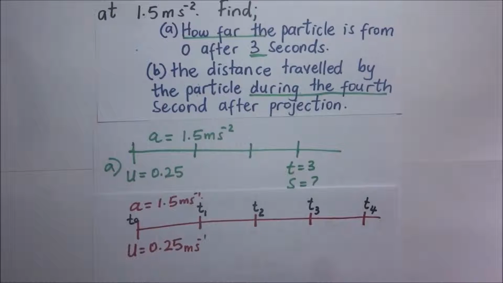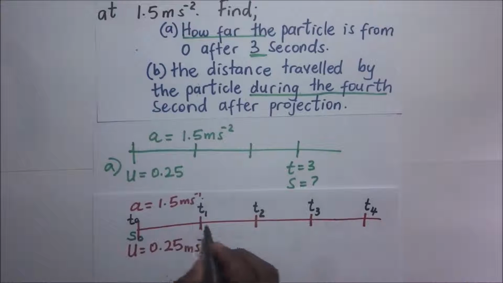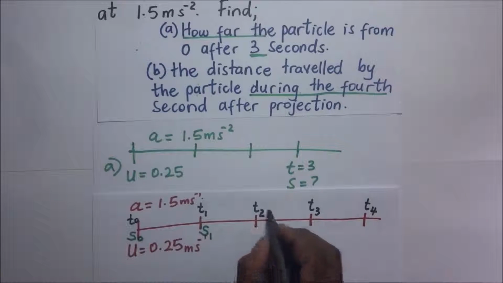And as it's moving, after all these times, 1, 2, 3, 4, the distance covered is also corresponding. So this is the distance covered after 0 seconds at the beginning. Of course there's no distance covered. This is the displacement after 1 second, the displacement or the distance after 2 seconds.